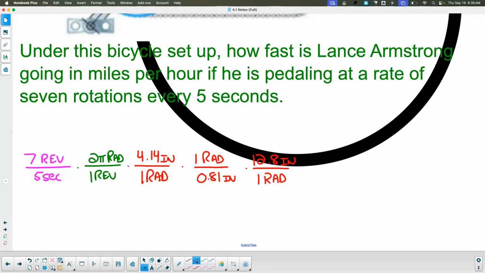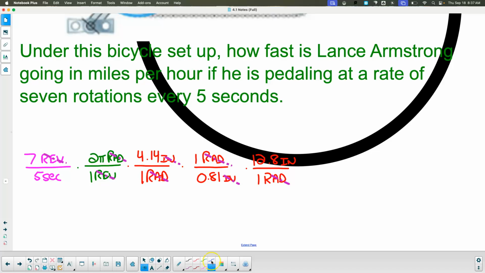So now I'm at the linear speed, or I should be. Revolutions are gone, radians are gone, inches are gone. I'm at inches per second on the outer edge of the tire.